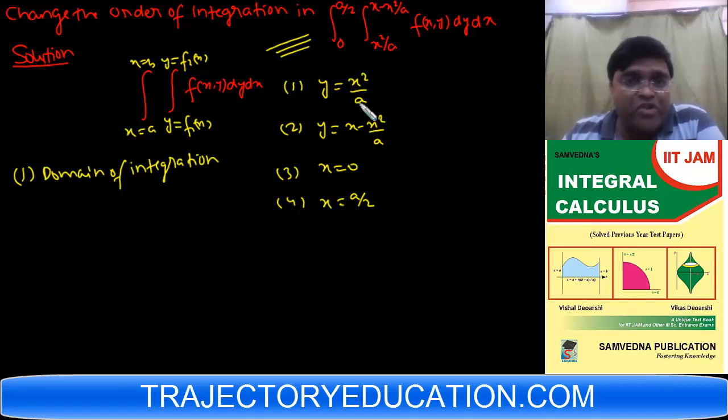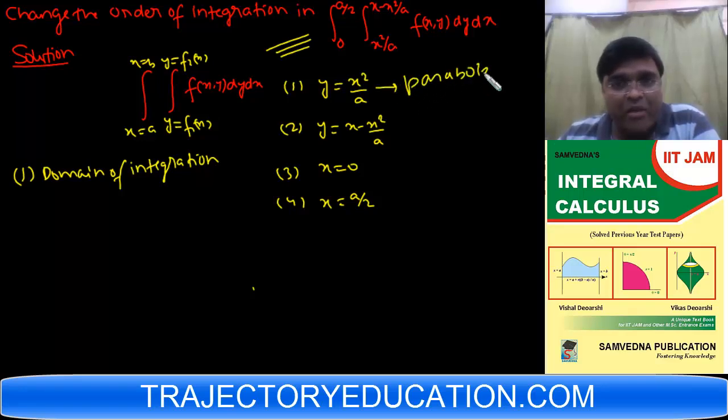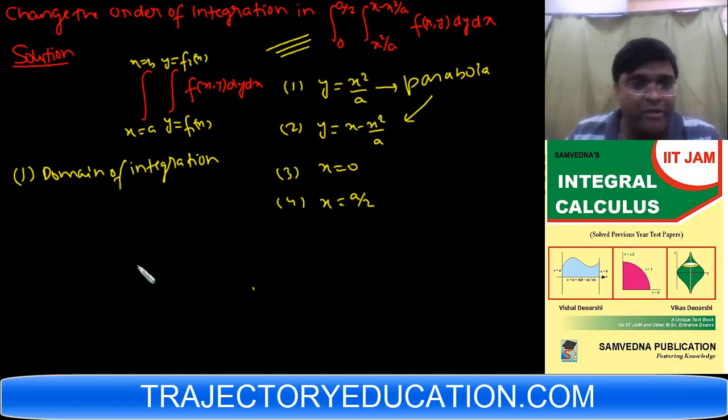This will be a parabola. Similarly, the second is also a parabola, and these are the two straight lines. So I'll briefly discuss how to plot this parabola.